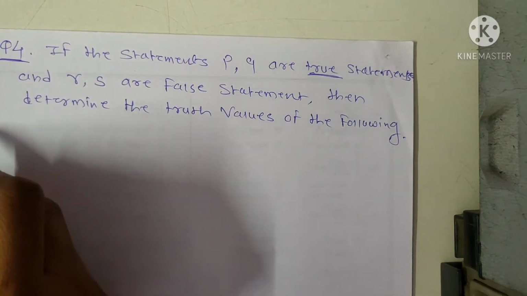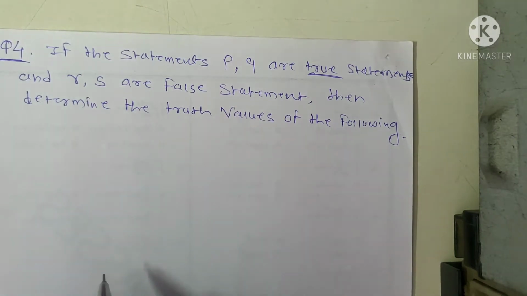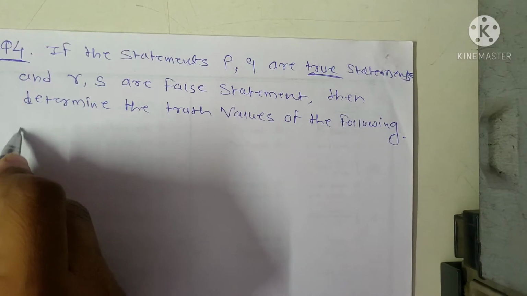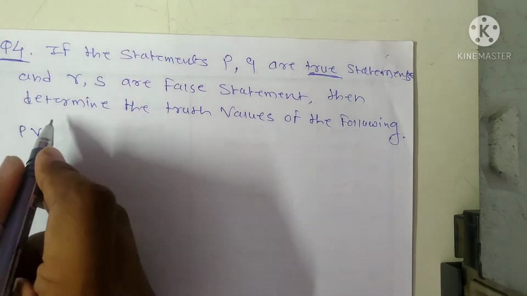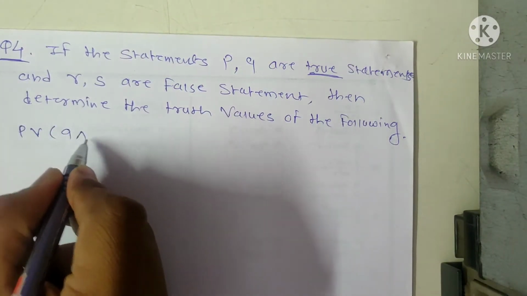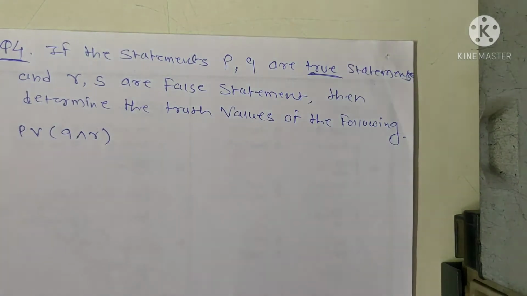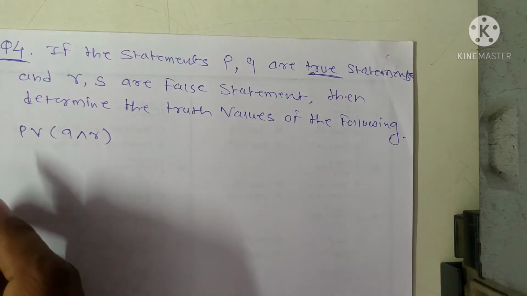Now the first compound statement is P or Q and R. This is the first compound statement. Now we determine the truth value of this by using the given truth values of P, Q, R and S. Solution.